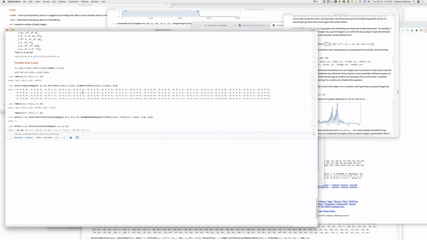This is wrong. Why is it range 0 to 4? That's wrong. This is right. Why is that not right? Oh, maybe I need to say modulus 3. No, modulus 2. Okay, this should give me the 3m plus 1 problem, okay?